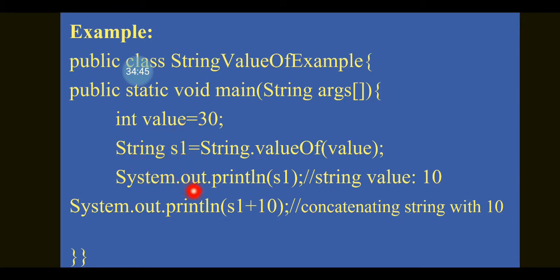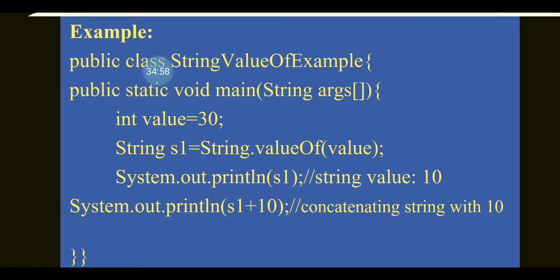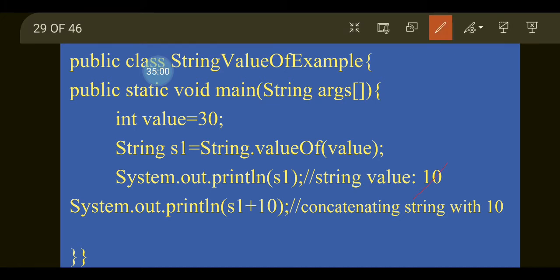So when you access System.out.println(s1), it will return 30 as a result, because 30 is the string stored in s1.